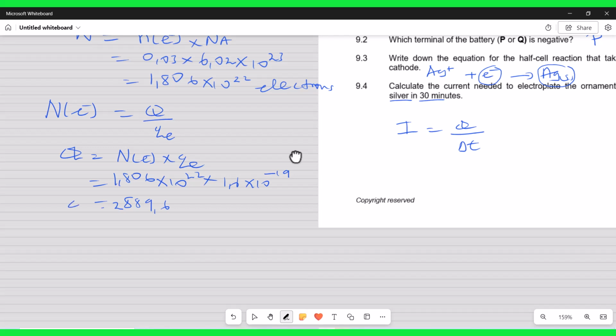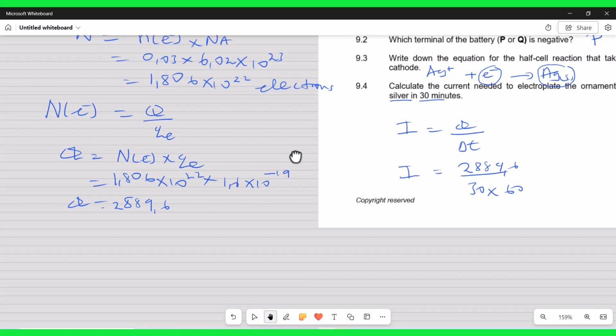So I know the charge, so I can come back here to get my current, because current equals charge divided by time. So I'm going to say 2889 comma 6 divided by the time. They gave us 30 minutes, but it must be in seconds. So we say 30 times 60.